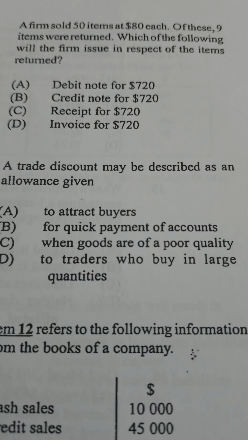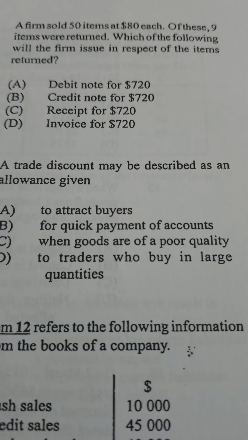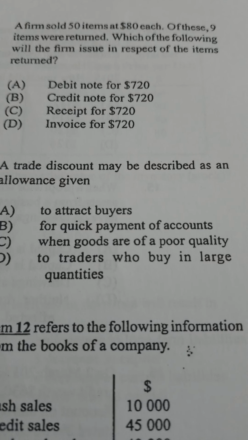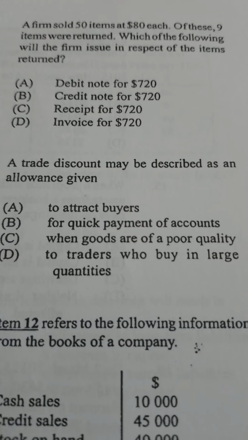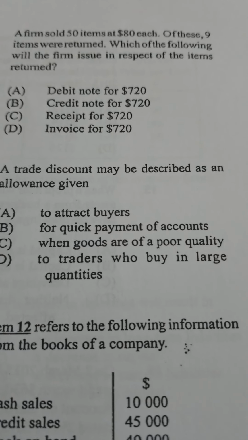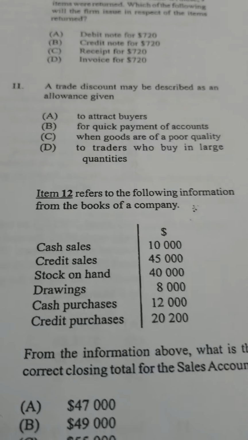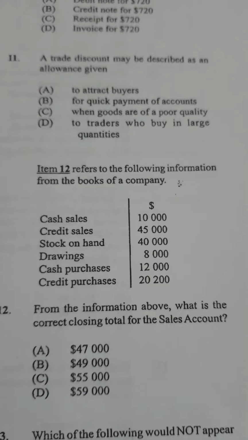So, let's look at the response. A trade discount may be described as, and our most appropriate answer would be D, traders who buy in large quantities.